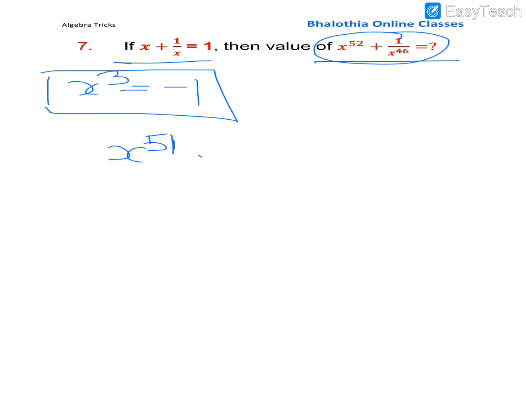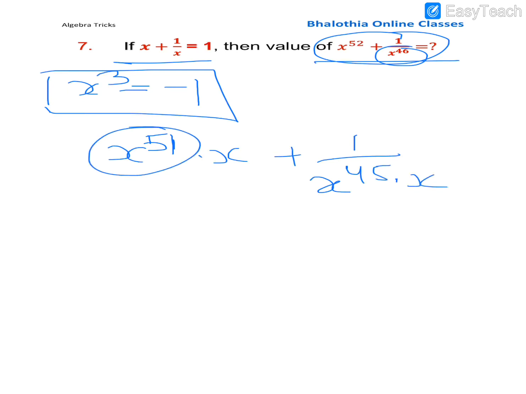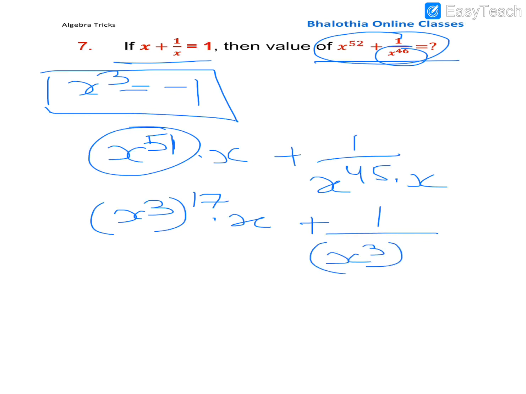Okay, x raised to the power 51 into x, plus again x raised to the power 46, we will break it into x raised to the power 45 into x. So it will become x raised to the power 3 and then raised to the power 17, right? And into x plus 1 upon x raised to the power 3 raised to the power 15, and then x.